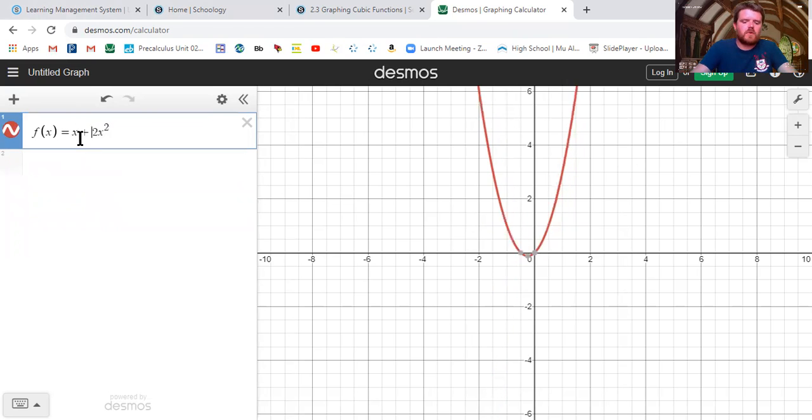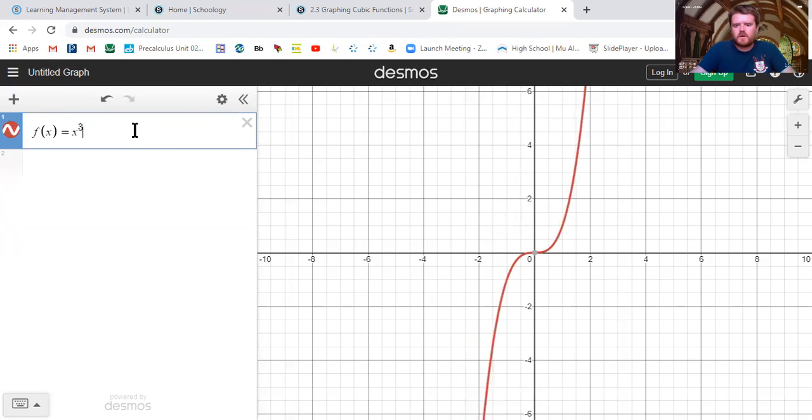Going back to our example with our cubic function, these are not symmetric about the y-axis, but there is some similarity right around a certain point. So what we notice is that if we look at a cubic function, it is symmetric about the origin.